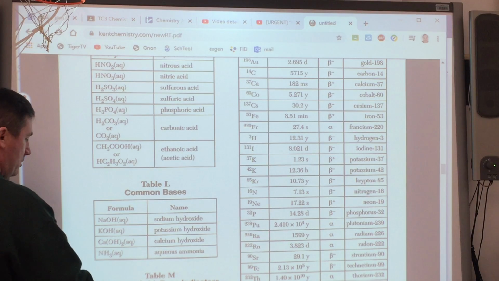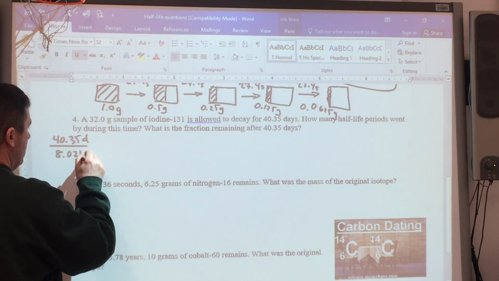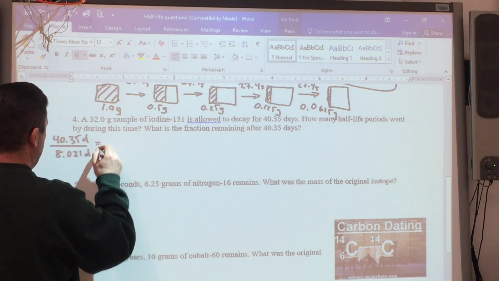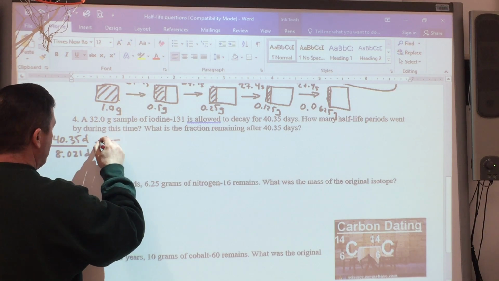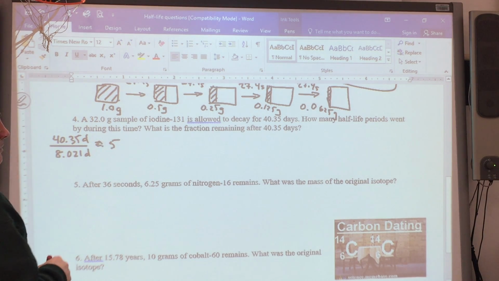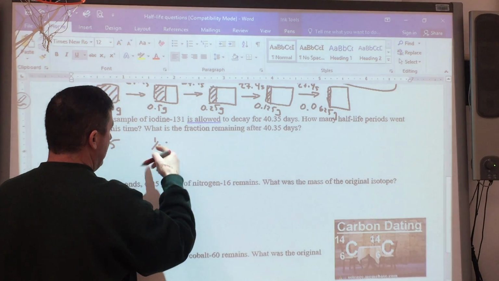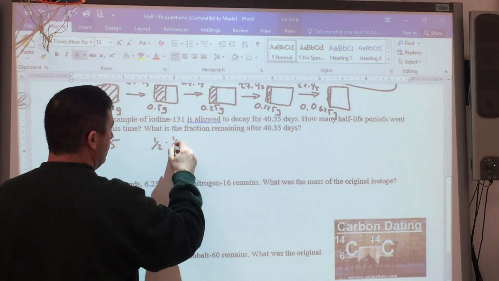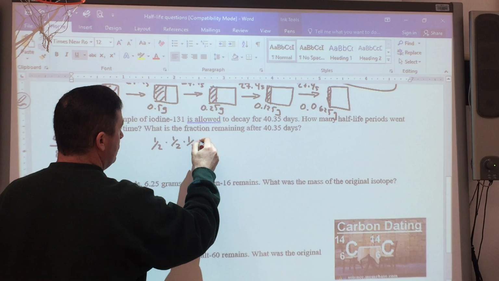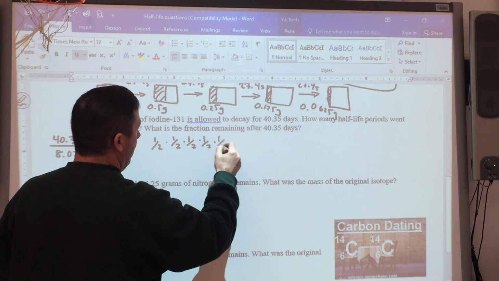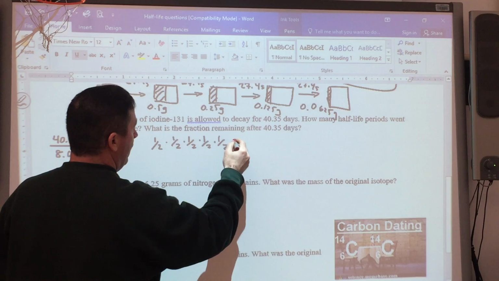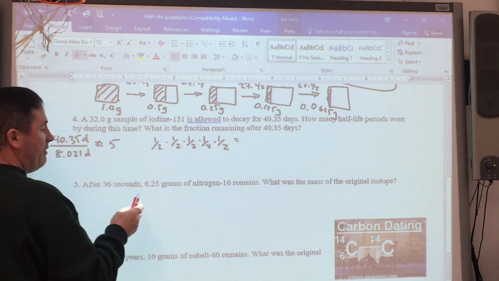That's going to be 5 pretty much. Okay? How many left? So 5. What is the fraction remaining after that many days? Well, that's after 1 half-life, 2, 3, 1, 2, 3, 4, 5. So there are my 5 half-lives.